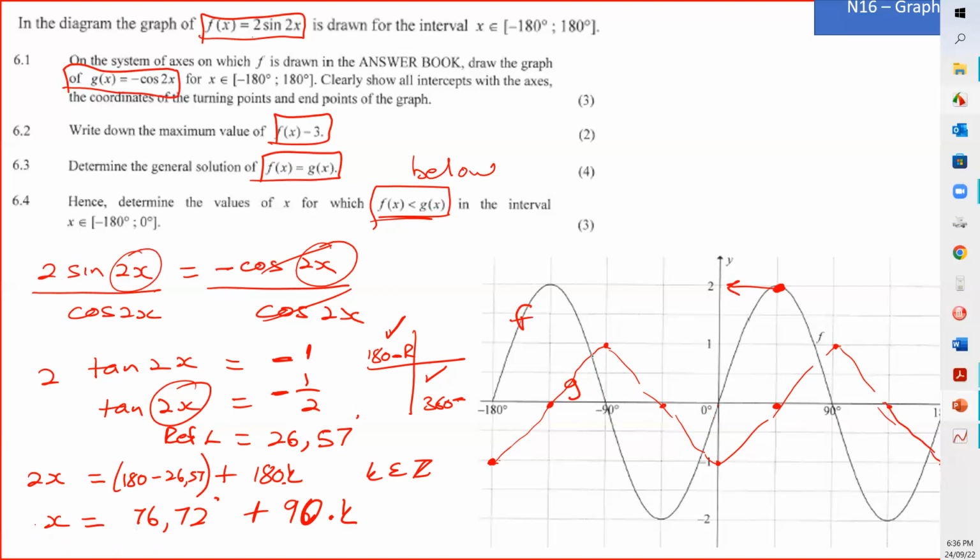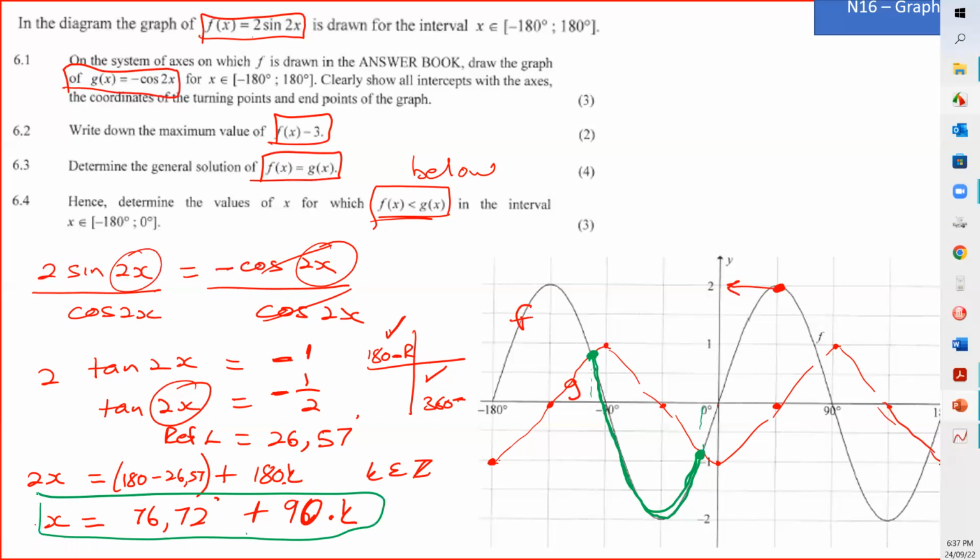So we're looking at f. From this point, going to that point, we see f is actually below the red graph. So we need to identify this point of intersection. And remember, we just found the general solution, where the two graphs we have equated actually intersect.